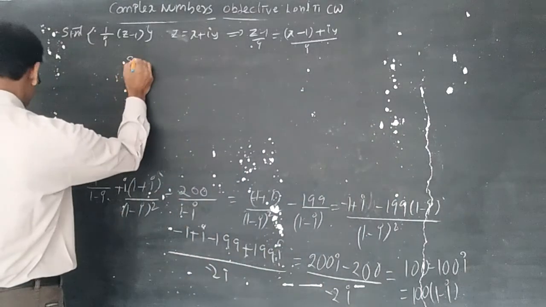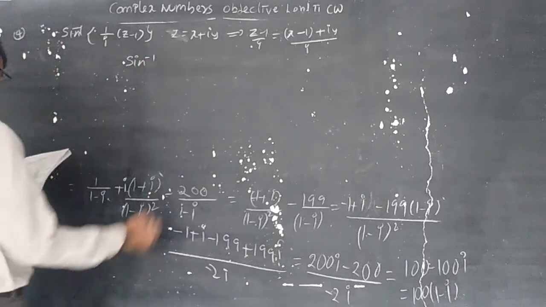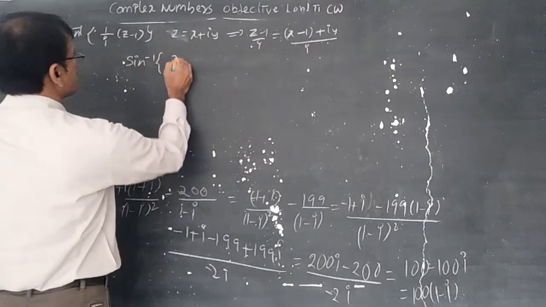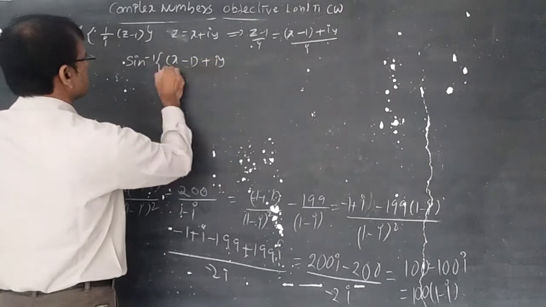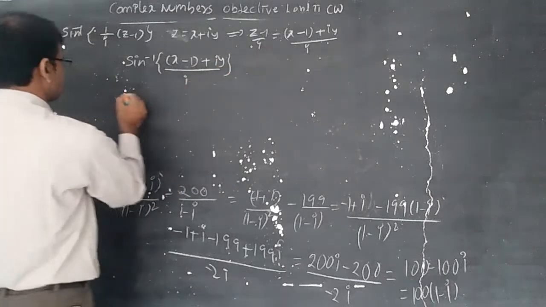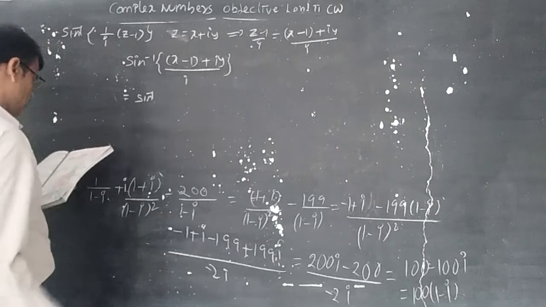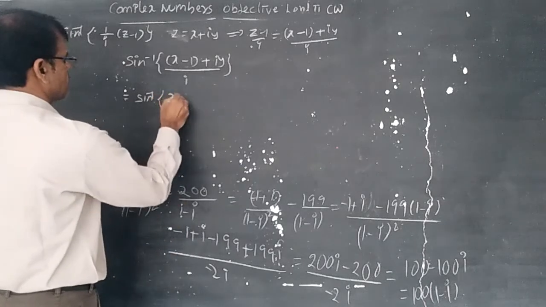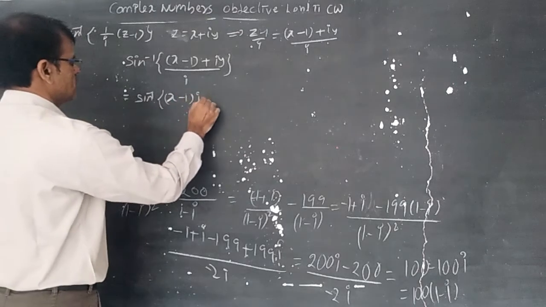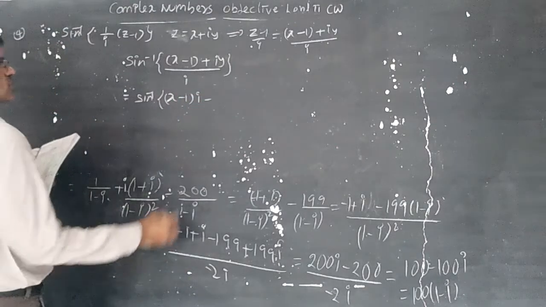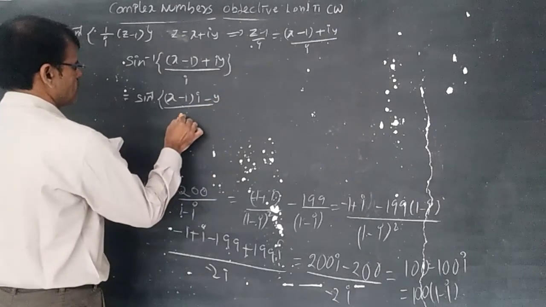Now sine inverse of x minus 1 plus iy by i is equal to sine inverse of, if you multiply with i, x minus 1 into i minus y by i.